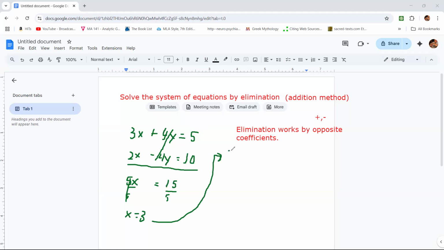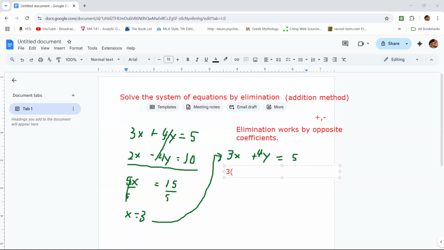So I'm going to rewrite it: 3x plus 4y equals 5. And I know that x is 3.